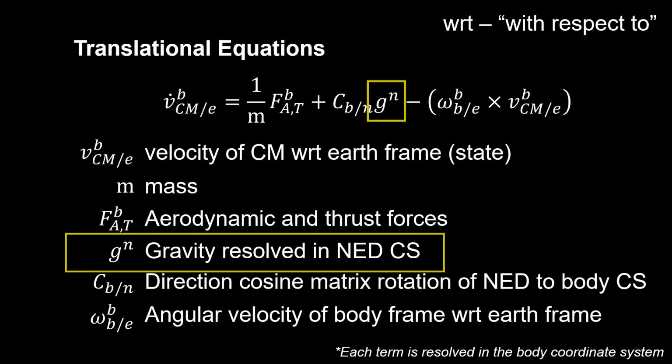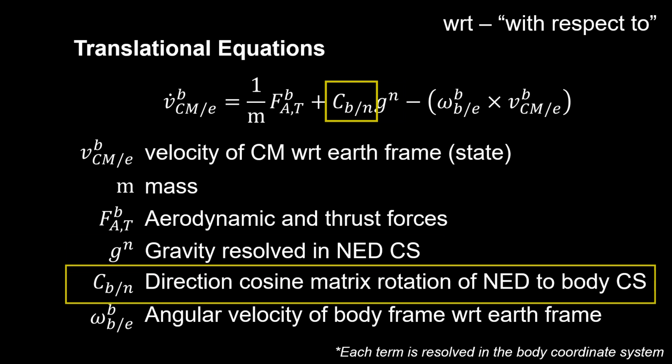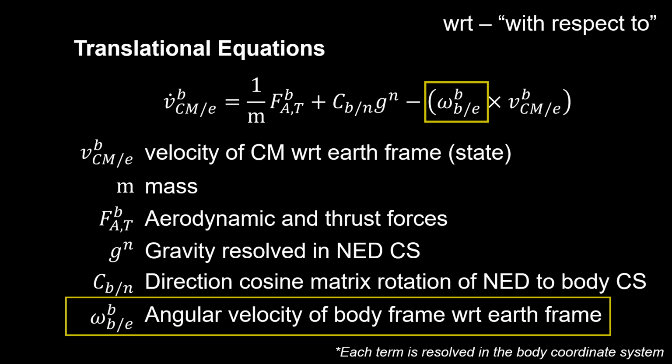Gravity is resolved in the northeast down coordinate system, but the gravity term is resolved in the body coordinate system through the direction cosine matrix C. Finally, omega is the angular velocity of the body frame with respect to the Earth or the inertial frame.